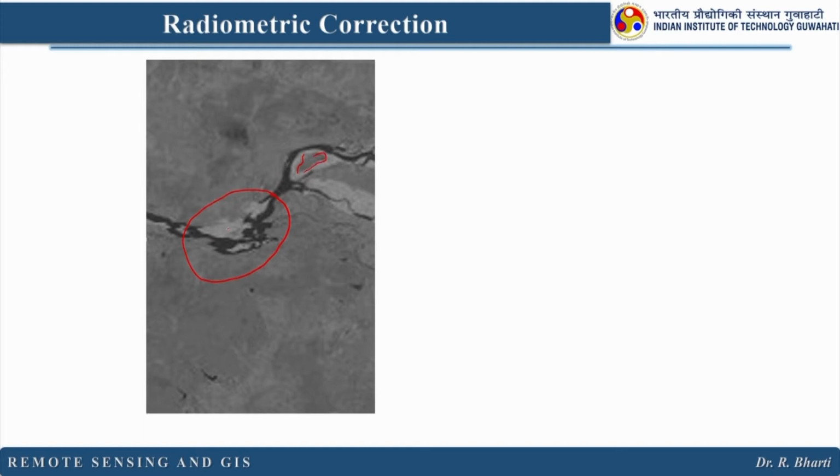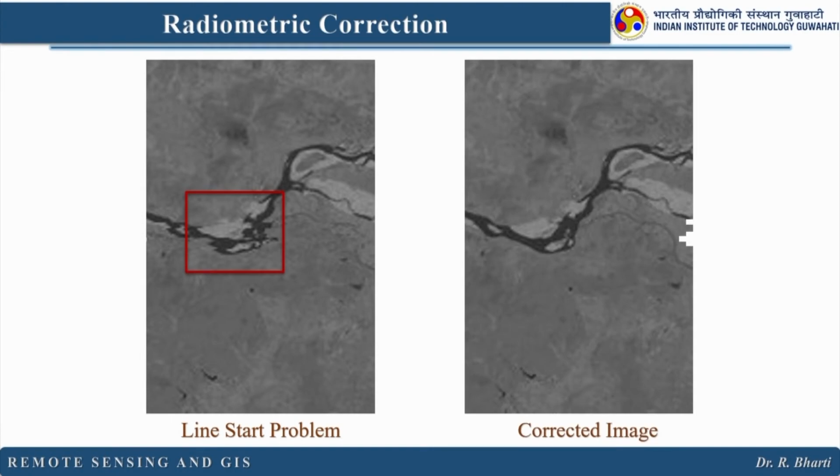But here there is some haziness, but it was not supposed to be here, because we are seeing the same image in the other areas where it is not showing any such behavior, but here it is showing. So there is some problem. So what we can do, we can just run the horizontal adjustment, and then you can yourself see how it is appearing, right. So after the correction, this is one example of before and after correction of line start, right.